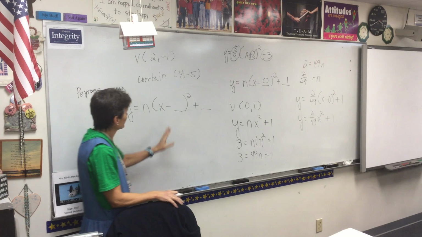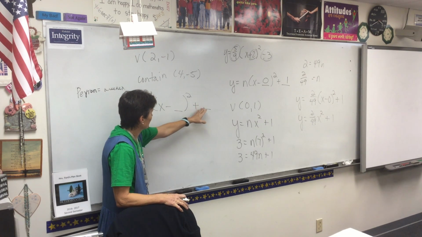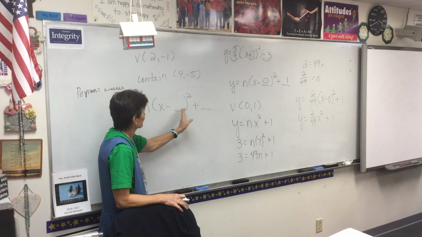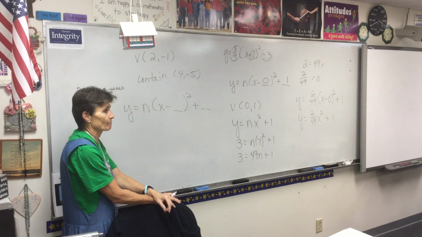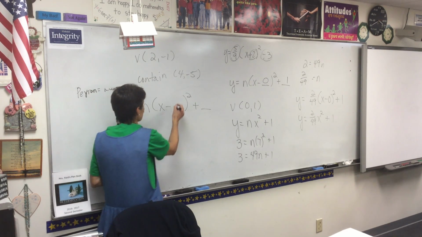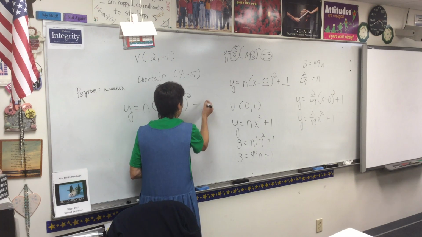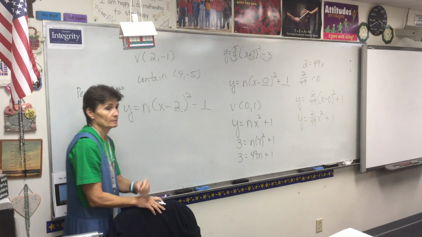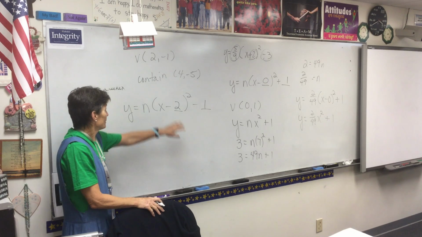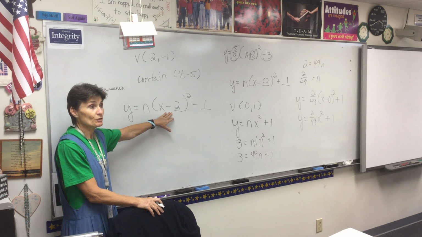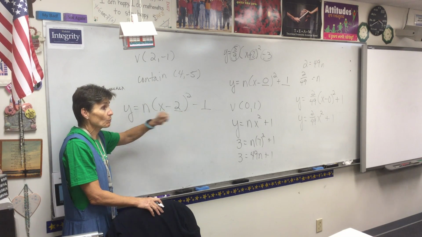Okay, what can we plug in? What will I plug in these 2 blanks right here? So x minus 2, minus 1. Is that right? We're going right 2 and down 1.